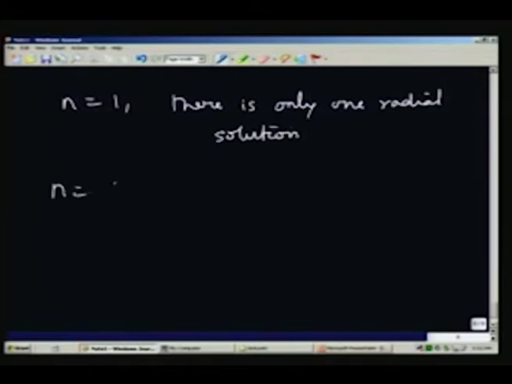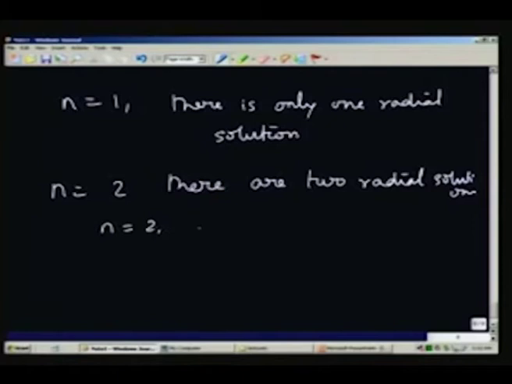For n equal to 2, there are two radial solutions. Namely, corresponding to n equal to 2, l equal to 0, one set, and n equal to 2, l equal to 1, another set. Okay.